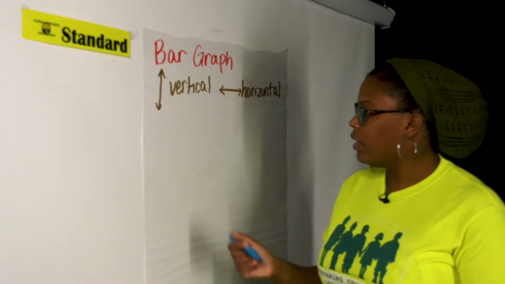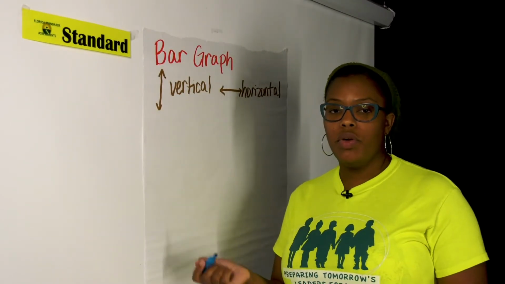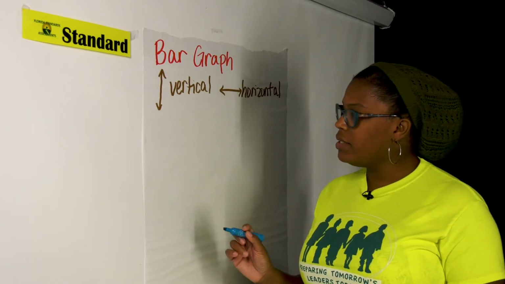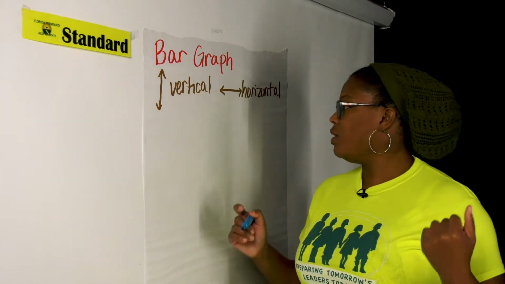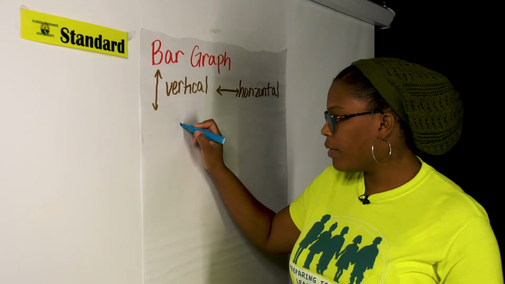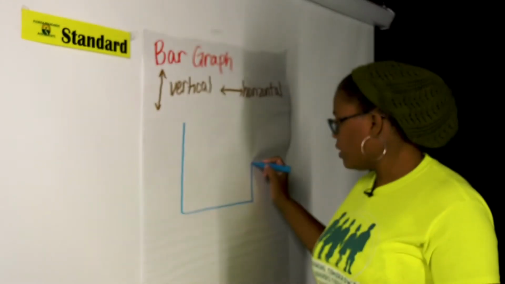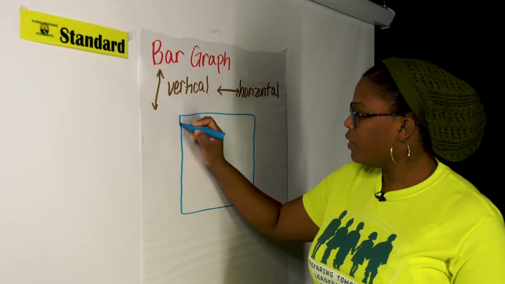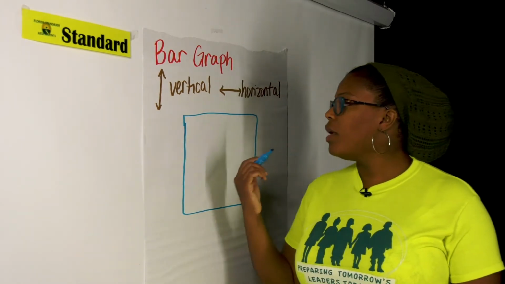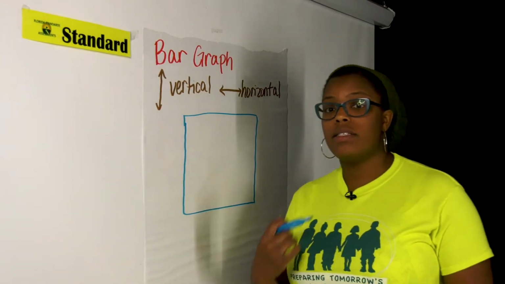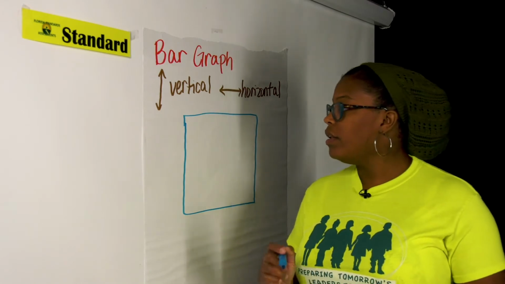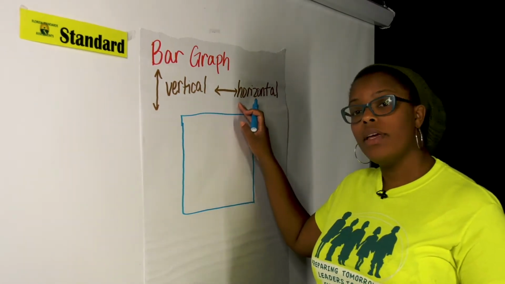So I'm going to start with showing you what a vertical bar graph looks like today, and then tomorrow we'll get into a horizontal bar graph and what the graph displays. So each graph starts with a title. The title could be at the top here.